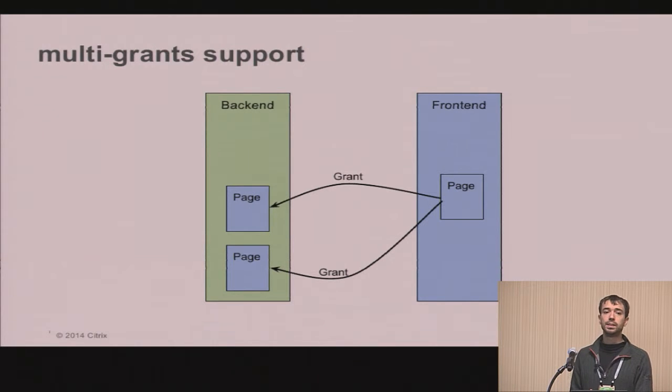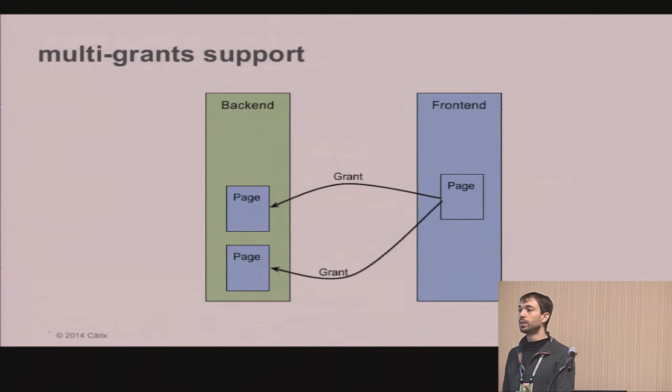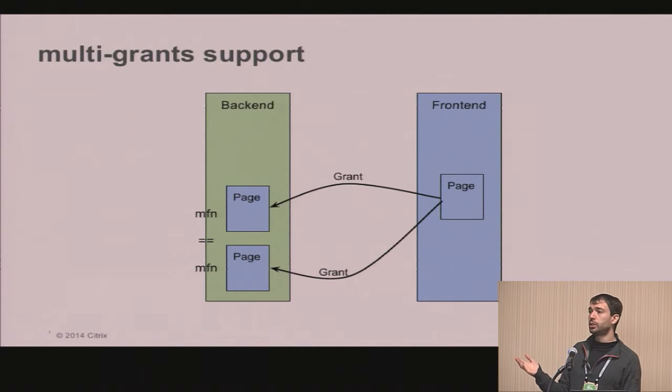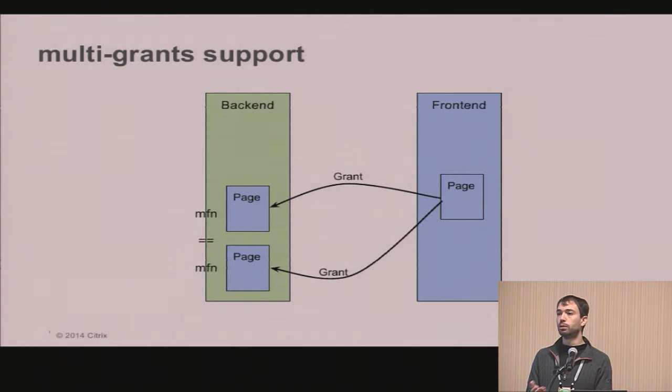So what happens is the backend driver will map all these pages without even knowing that it's the same page. So the same page will end up mapped in DOM0 at multiple different guest physical addresses. All these pages obviously would have a different PFN in DOM0, but the same MFN.